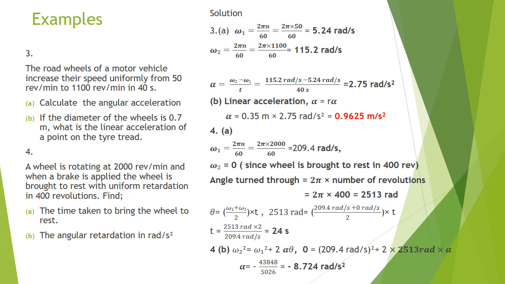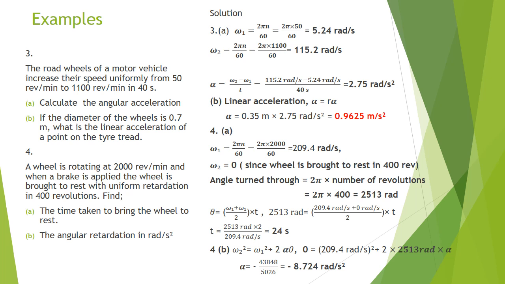Okay, let's look at question 4. A wheel is rotating at 2000 rev per minute, and when a brake is applied, the wheel is brought to rest with uniform retardation in 400 revolutions. Find A, the time taken to bring the wheel to rest.